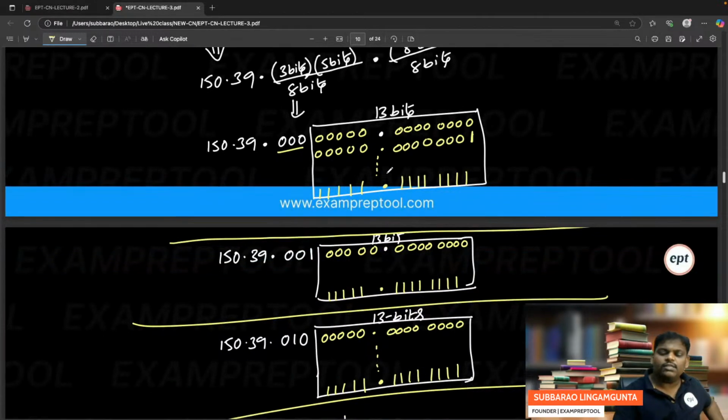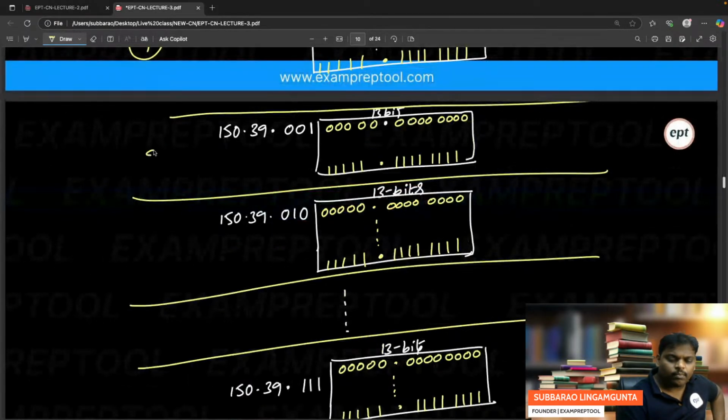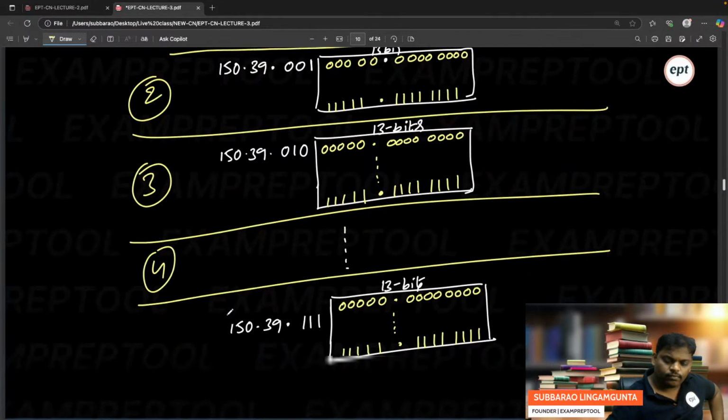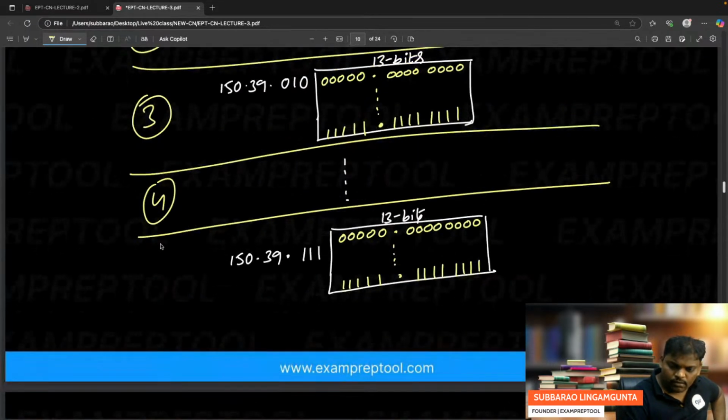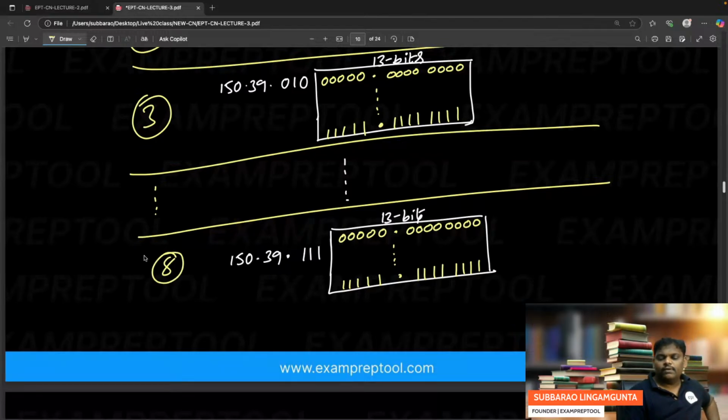But in the books they have written it as subnet 1, subnet 2, subnet 3, subnet 4, and so on. Lastly, subnet 8. So totally 8 subnets are there. Subnet 8, if you go inside, the actual number is 7.